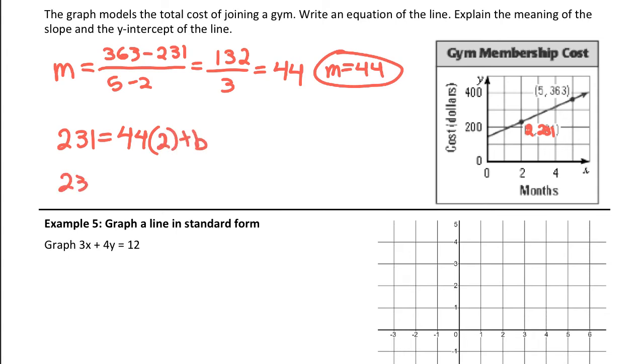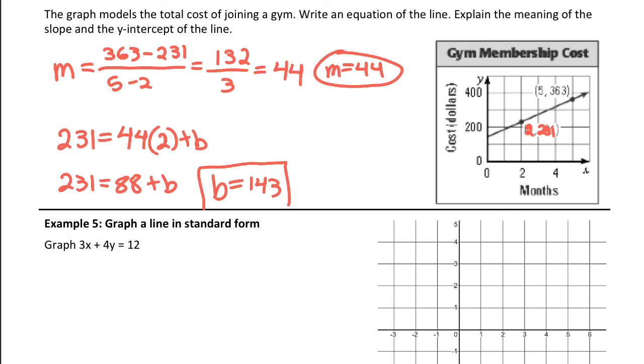So 231 equals 88 plus b. I would solve that by subtracting 231 minus 88. So my y-intercept is 143.